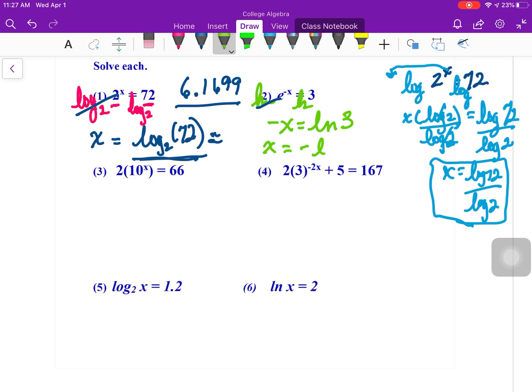So I would have x equals the negative of ln 3. And there's my algebra. So I come to my calculator and press negative ln 3. And I get negative 1.0986.